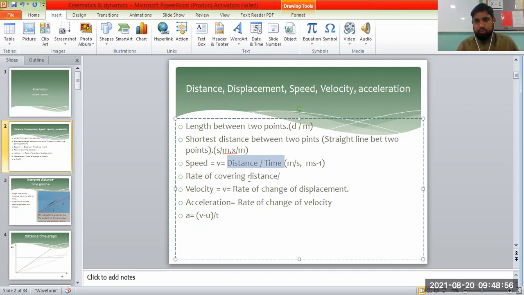Means defining it in your own words. Yes, better. Looking at the formula, try to define it in your own words. Anyone?